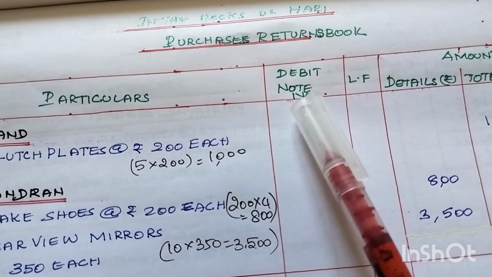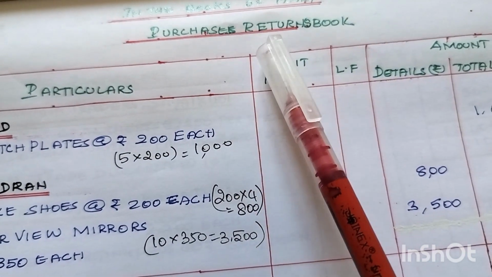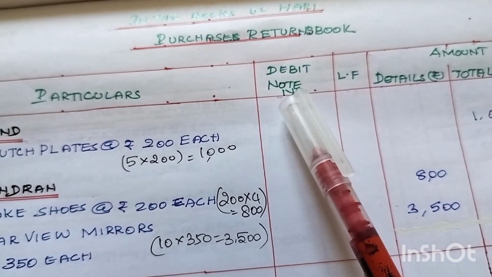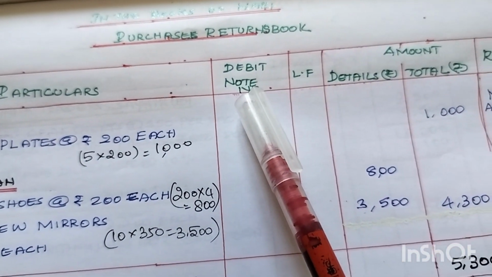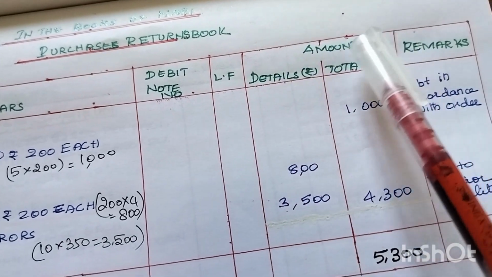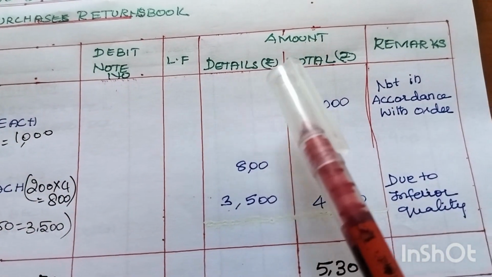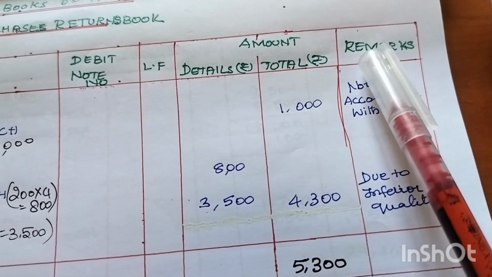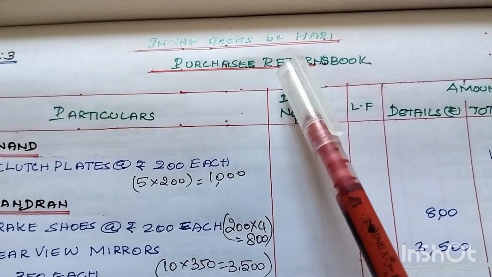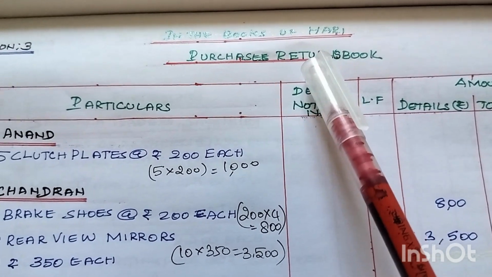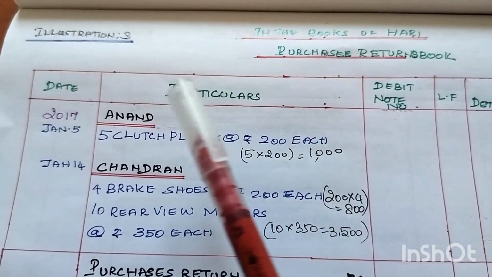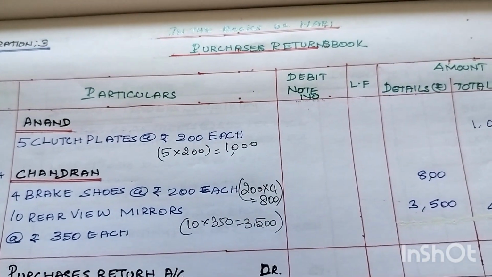Listen carefully. So purchases return book has debit note number in the format. LF, amount contains 2 columns, that is details rupees, total rupees, then finally remarks. So we prepared the title of the purchases return book, name of the books, and the format of the purchases return book.